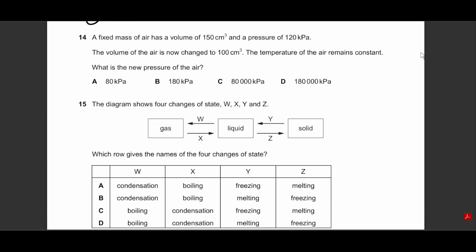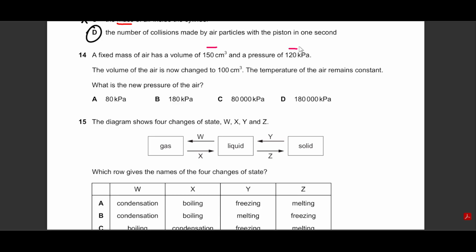Question 14, he says, fixed volume, fixed pressure, that's fine. Volume changed to 2. Now be advised that sometimes the examiner uses the word by. Volume changes by this much. So when it's by, it's going to get added to the previous one. If it is changed to, that means this is purely a new situation. Since we're dealing with air, which is gas pressure, that will be P1 V1 equals P2 V2.